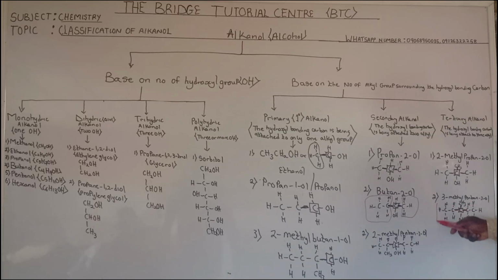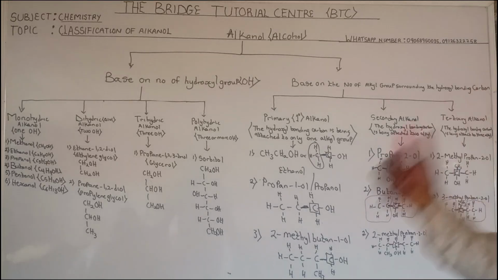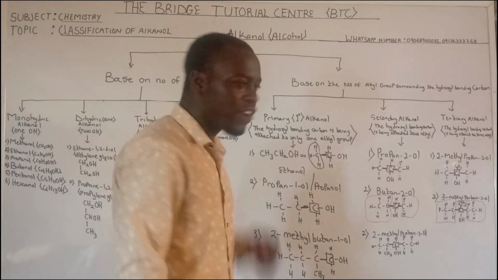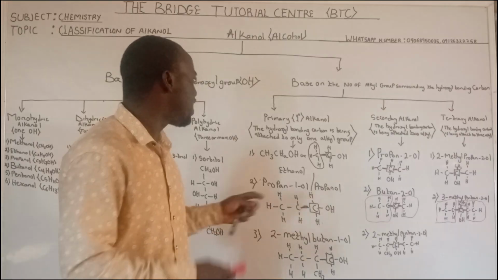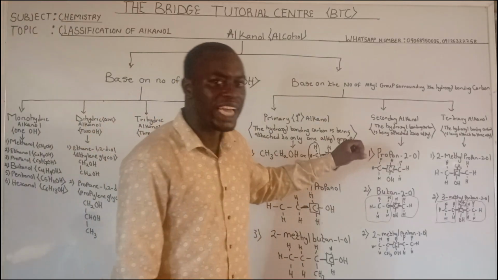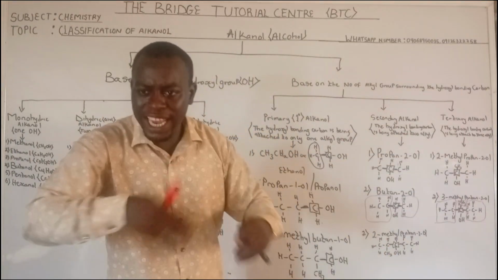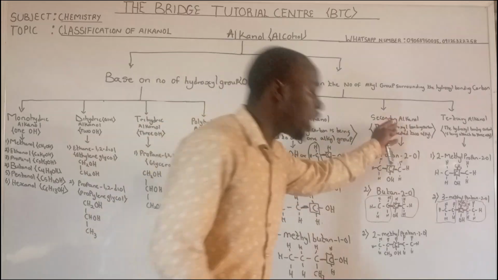Everything here is one alkyl group, everything here is another alkyl group, which is ethyl, and another alkyl group is up here. There are 3 alkyl groups attached to the hydroxyl bonding carbon, and that is tertiary alkanol. This is very simple. You can easily identify primary alkanol, you can easily identify tertiary alkanol. Anything apart from those two will be secondary alkanol.